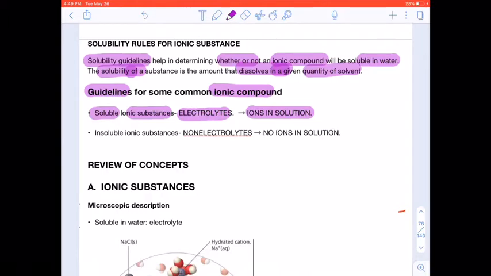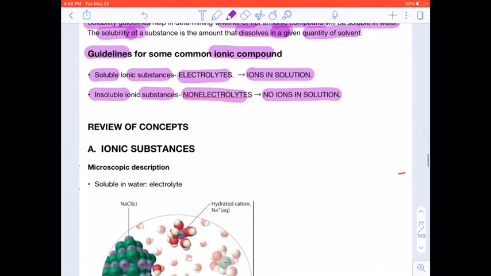And if we have an insoluble ionic substance, it's a non-electrolyte since it has no ions in solution. So many ionic substances are soluble in water, but there are some that are not. Now let's just review that slightly.